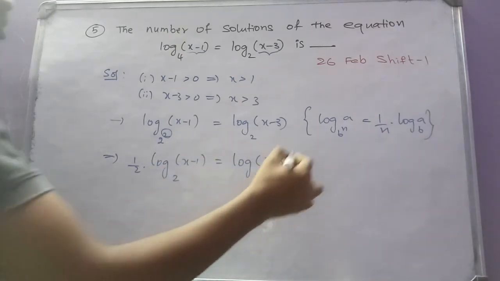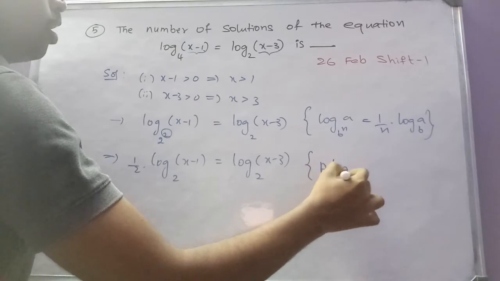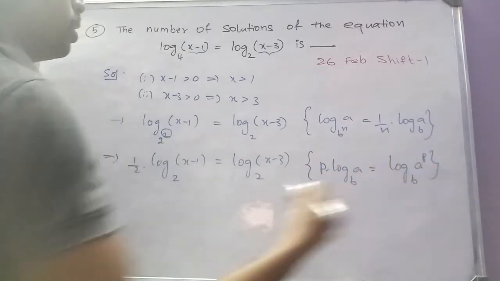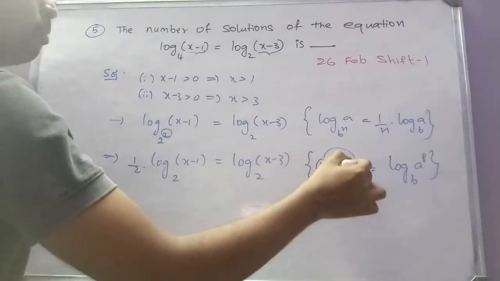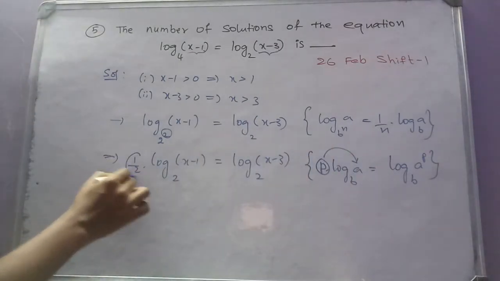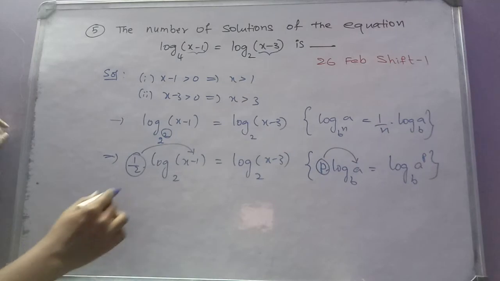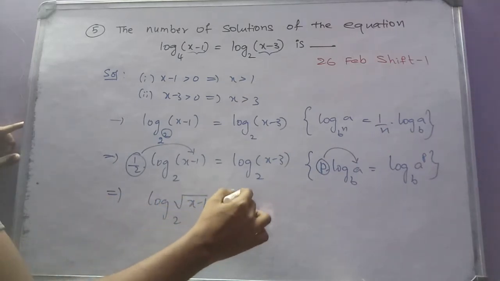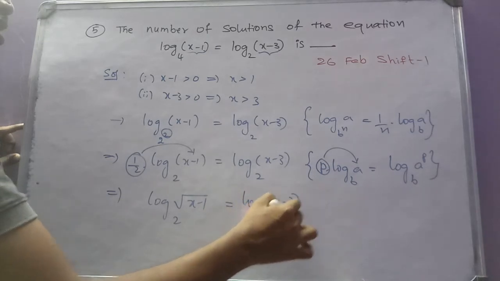And again one more formula: p into log a base b can be written as log of a power p base b. The coefficient will become the power of a. So here also the coefficient will become the power of x minus 1. So log of root x minus 1 base 2 is equal to log of x minus 3 base 2.